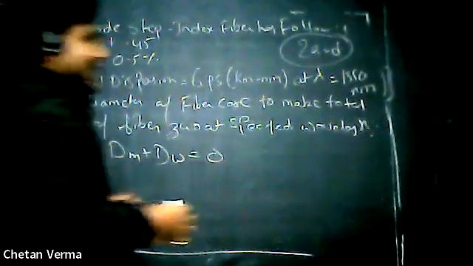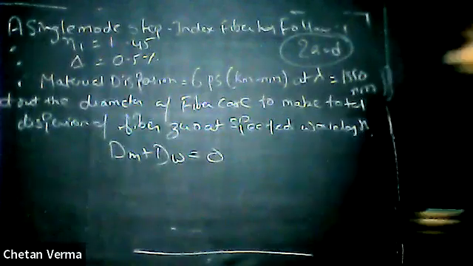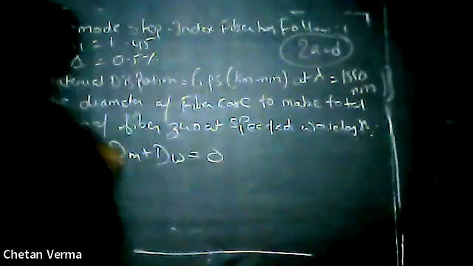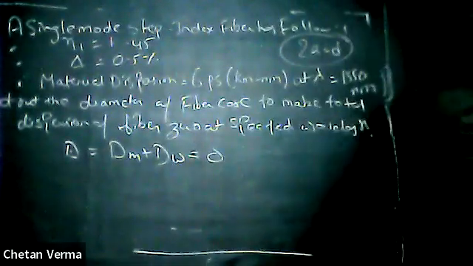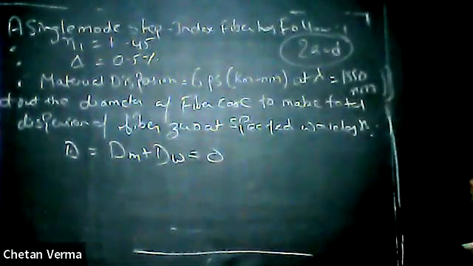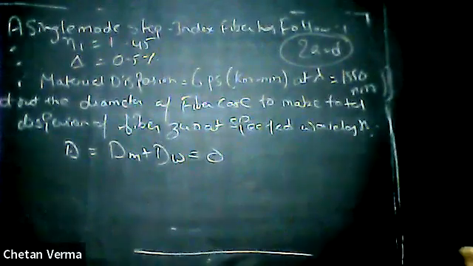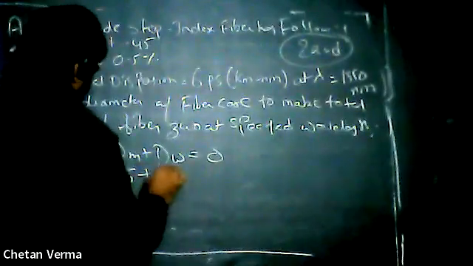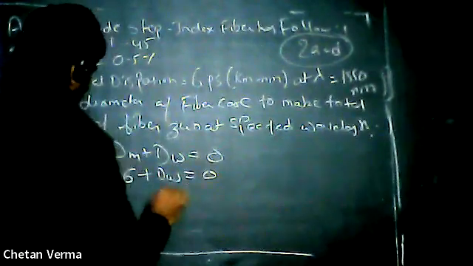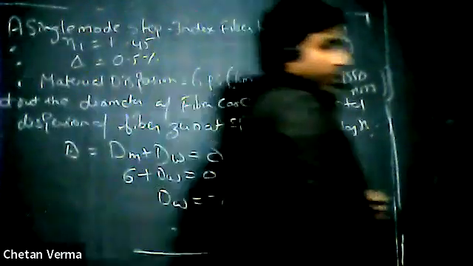That is, your material dispersion plus the waveguide dispersion should be equal to 0. The material dispersion is given now, that is 6 picosecond. So 6 plus Dw equal to 0, and Dw is equal to minus 6. Clear to everyone?